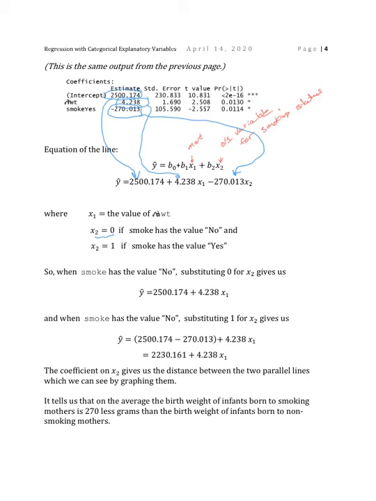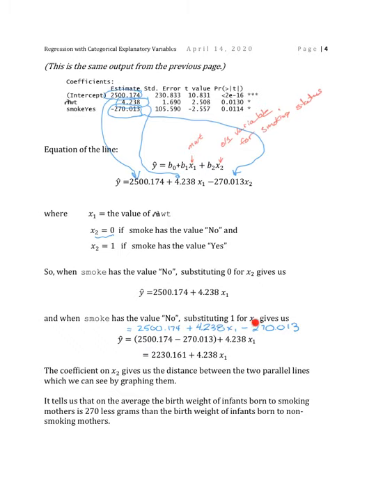Now, when smoke has the value yes, okay, substituting in a 1 here for x2 is just going to make this term right here minus 270.13. And so when we write all that out, and I guess I did a step of simplification, so I filled in the missing step right here.